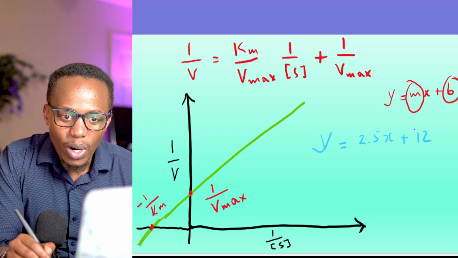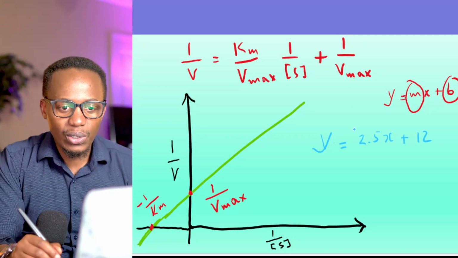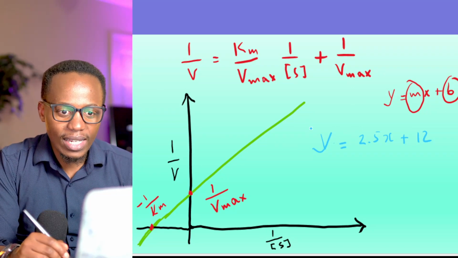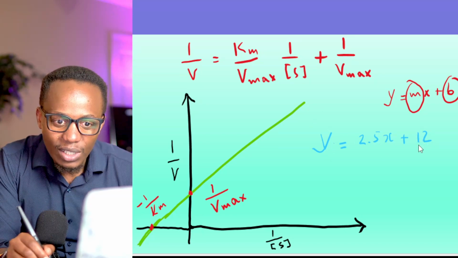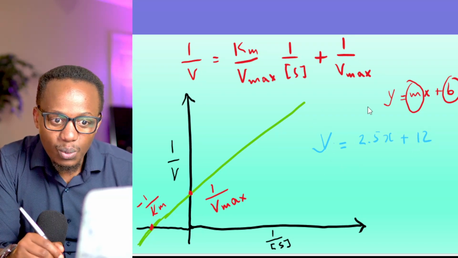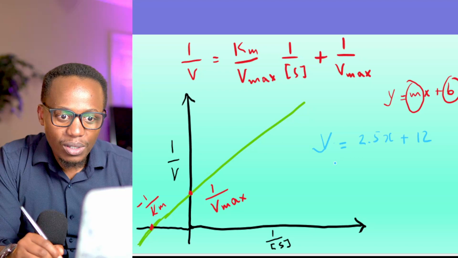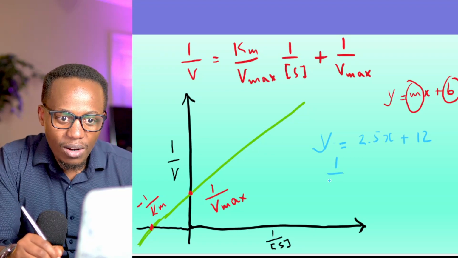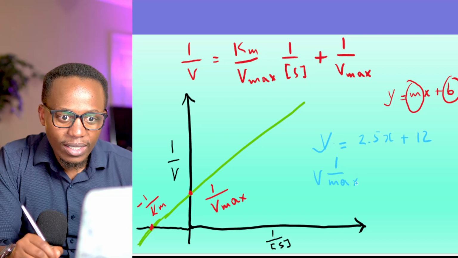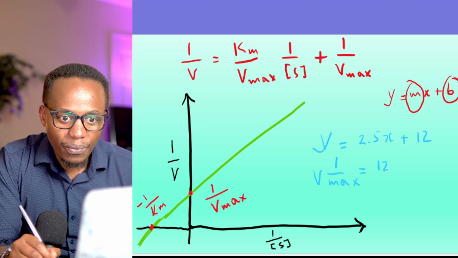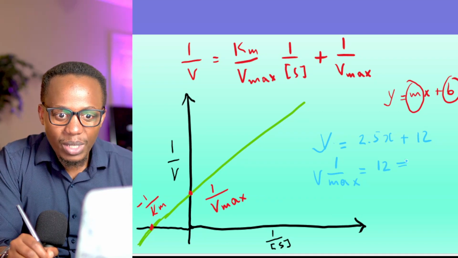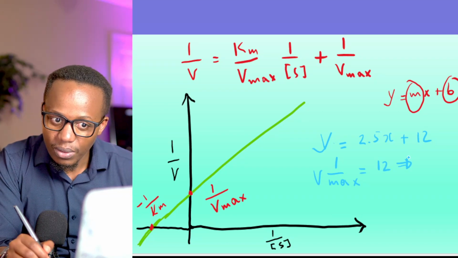If this is what the line is equal to, if your data says this, that means that this 12 is equal to 1 over Vmax. So your data will be 1 over Vmax is equal to 12. And then Vmax is going to be equal to 1 over 12, right?